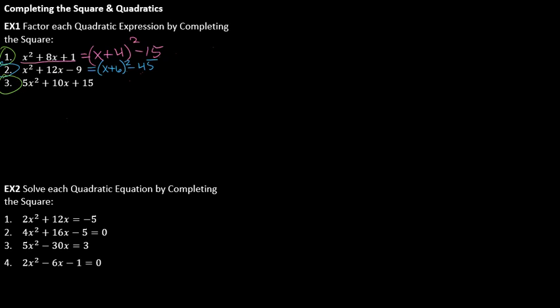So we need to divide everything by 5. Okay, or we need to factor out the 5. And it works out this time because 5, 10, 15, they all have a GCF of 5 anyway. So it doesn't really hurt us. So let's go ahead and factor out the 5. So we're going to end up with 5 times x squared plus 2x plus 3, right?